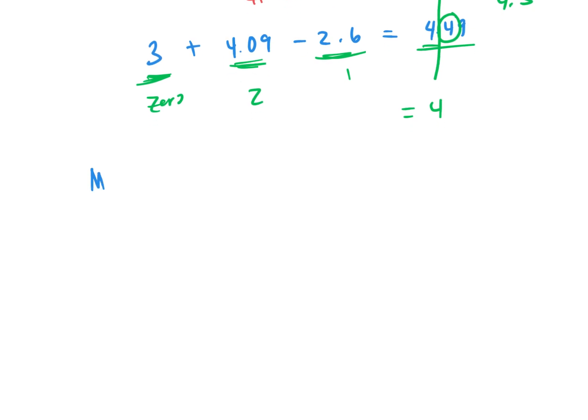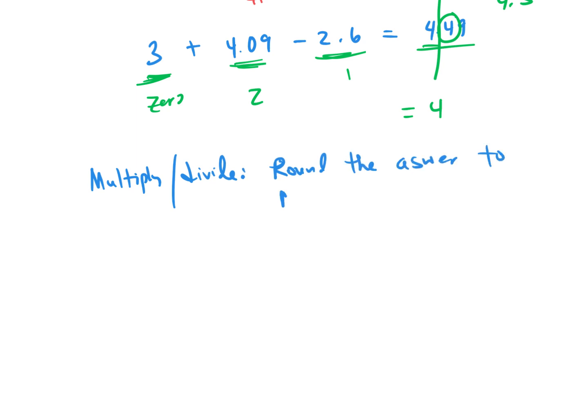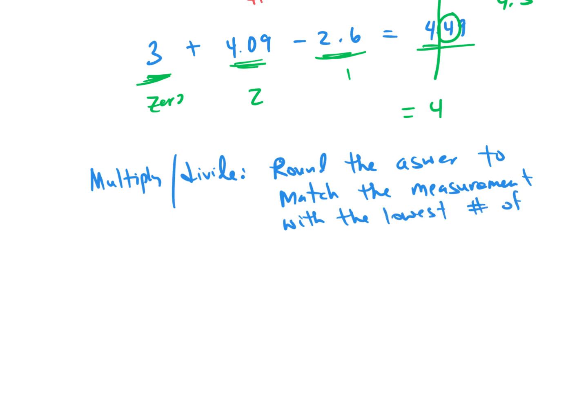So when we multiply and divide, the rule is we round the answer to match the measurement with the lowest number of significant figures.